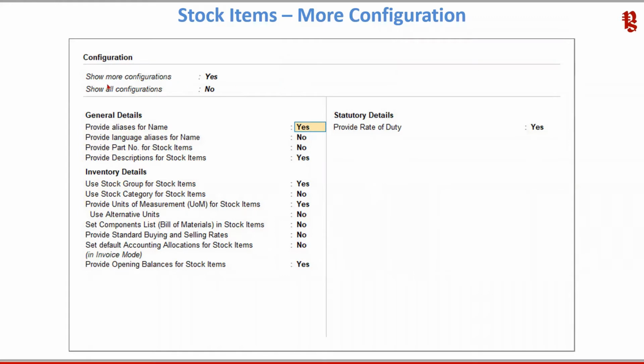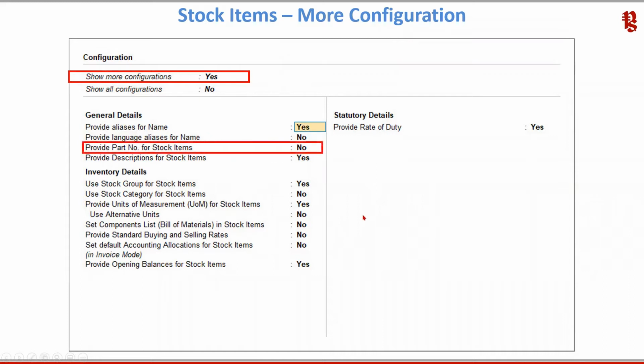Once you enable show more configuration, there are a couple of more options that will be available for the user. So the first of the option that we will be seeing in this session is how do we enable the part number for stock item and how we can use this part number in our transactions.